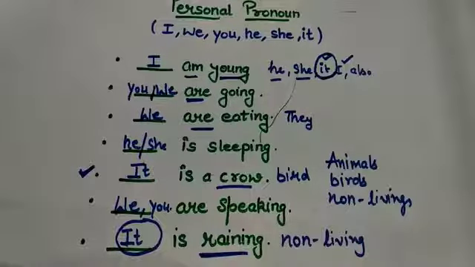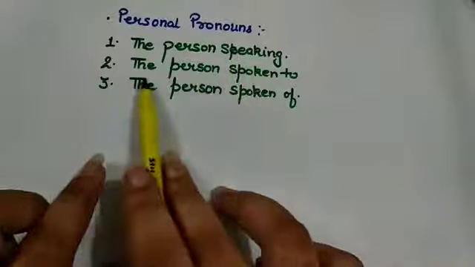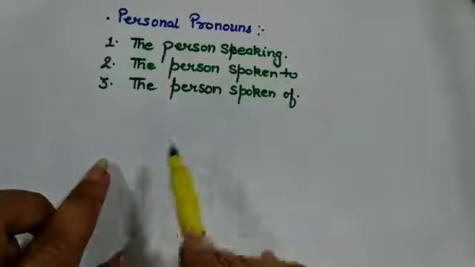Basically, the examples prove that we use I, we, you, he, she, it and they as personal pronouns because they stand for three persons here. The one is the person speaking, and second is the person spoken to, and the third one is the person spoken of.